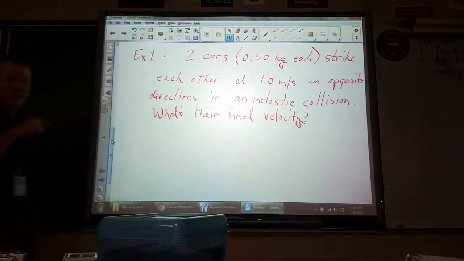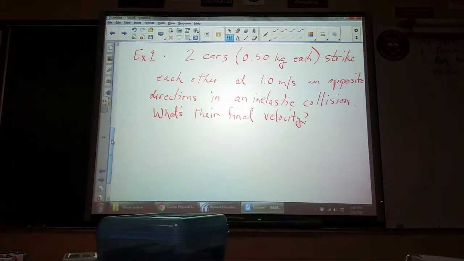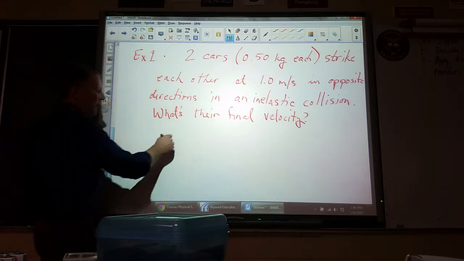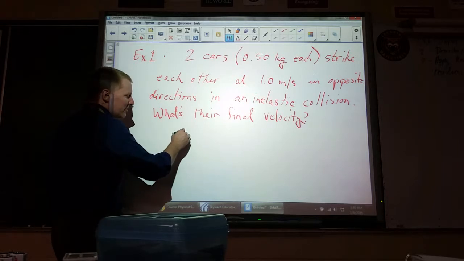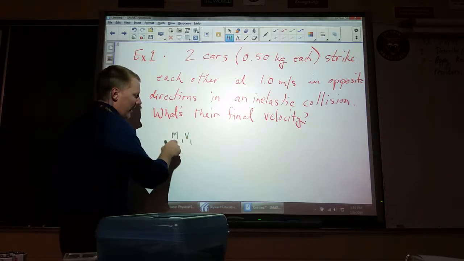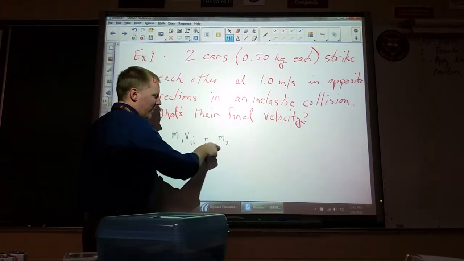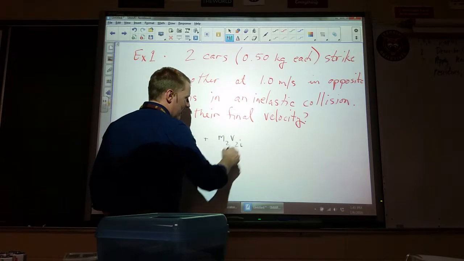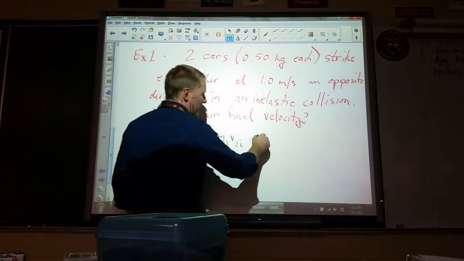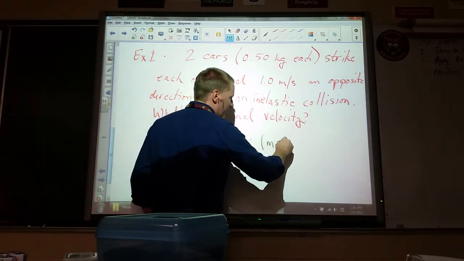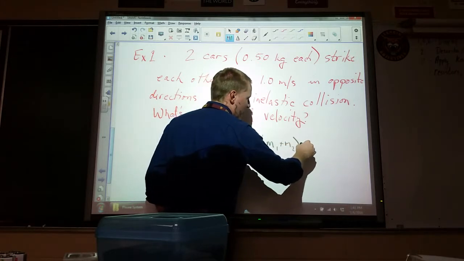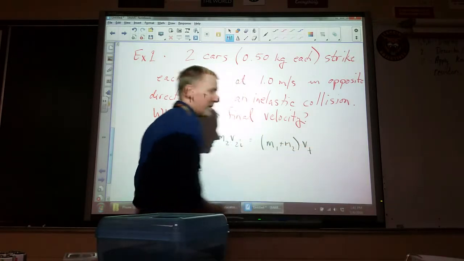To solve this, we're going to use the conservation of momentum that our experiment showed us. We'd say, okay, the momentum of the first cart, m1 times its initial velocity, plus the momentum of the second one, m2 times its initial velocity, must be equal to the sum of their masses times whatever the new final velocity is.